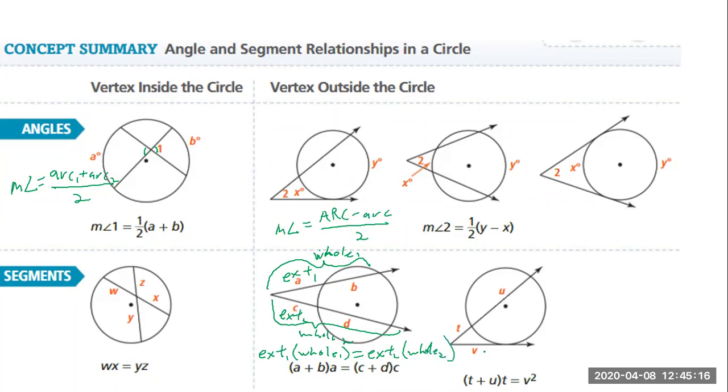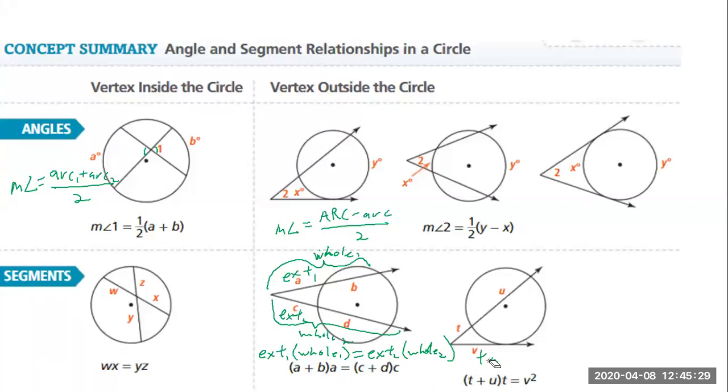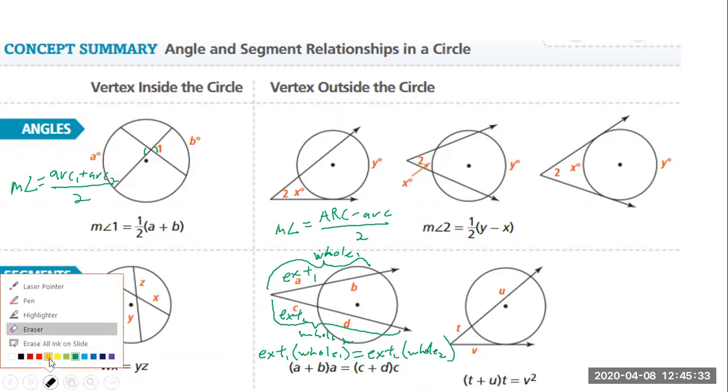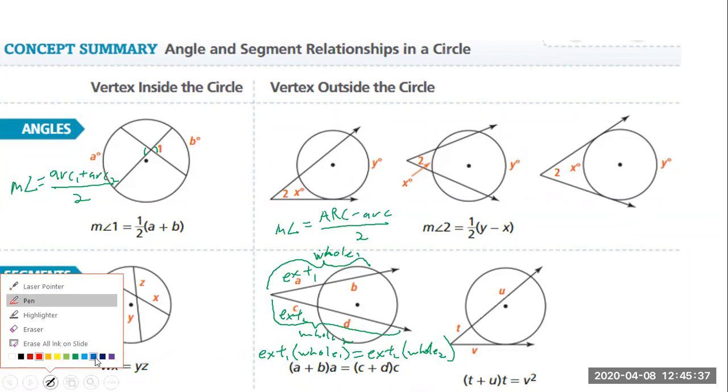And for the other one, since, again, it's the same equation, but since this piece is the tangent, I'm going to go ahead and write tangent. Let's change this color so that I'm not overlapping the color too much there. Let's use blue.